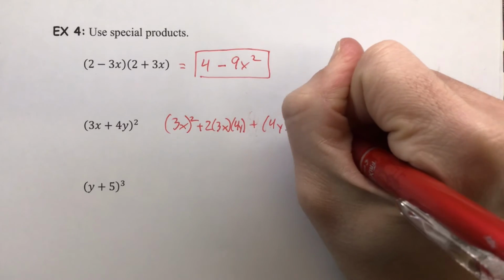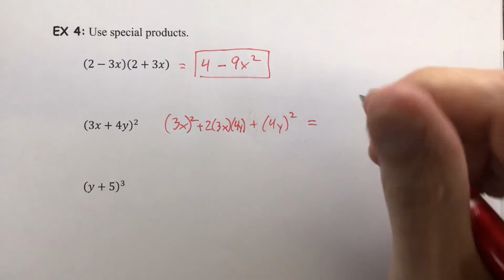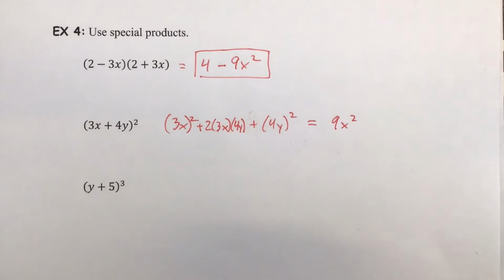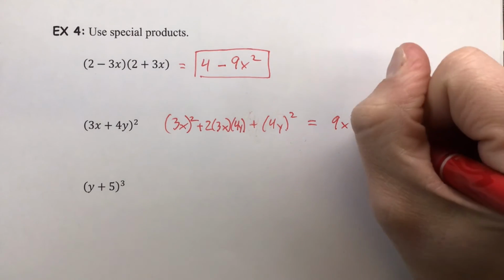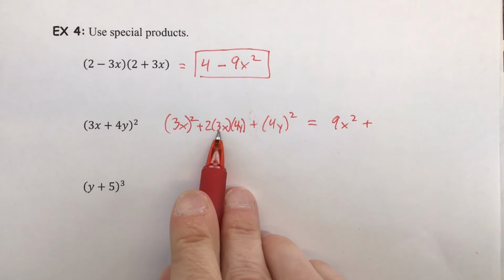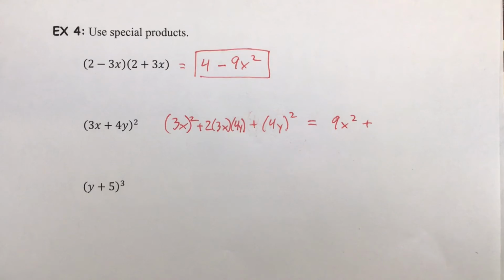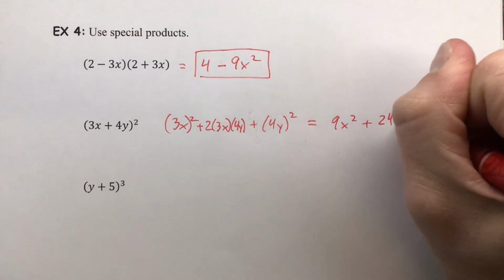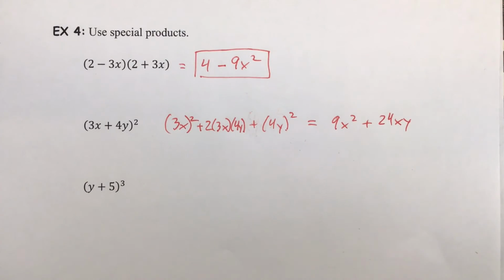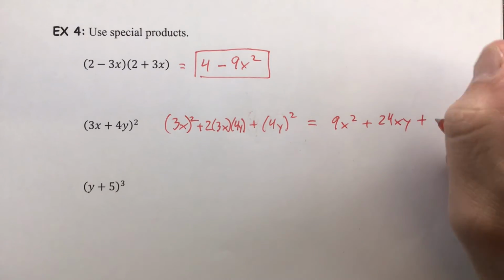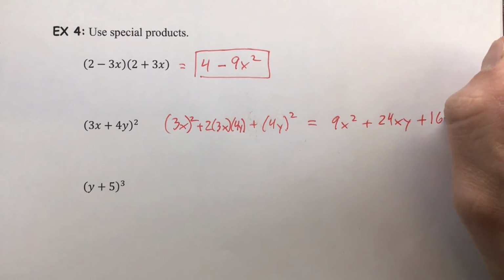All in all, it looks like this. You get 9x squared plus, let's see, 2 times 3 is 6, 6 times 4 is 24, xy. And at the end, you get plus 16y squared.